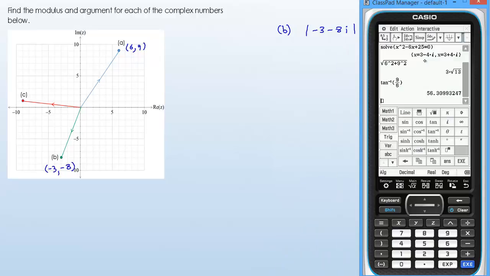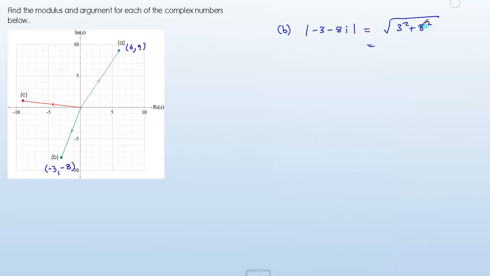Before I do that, I want to be in standard for this. So that's just root 73. Obviously that doesn't simplify, otherwise the calculator would have done it for us.